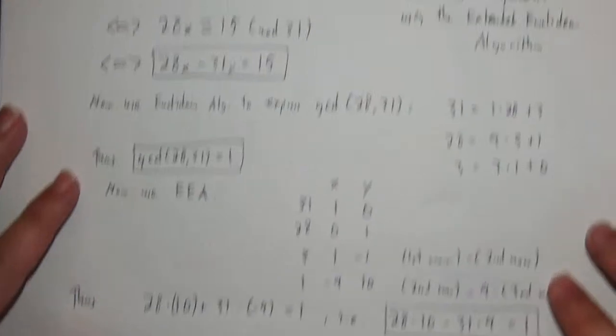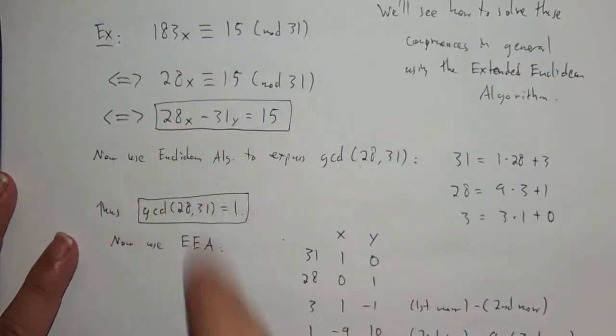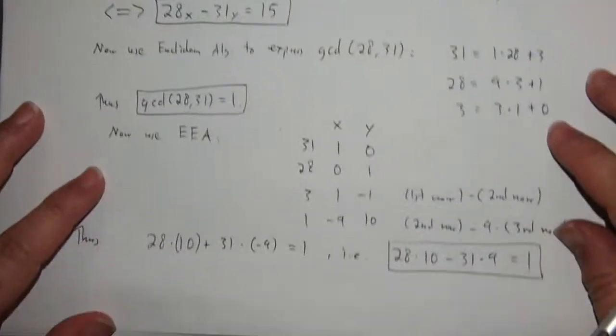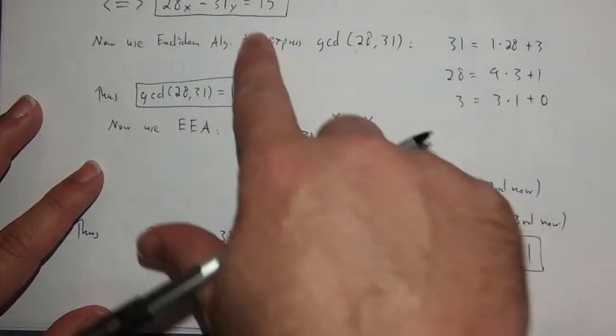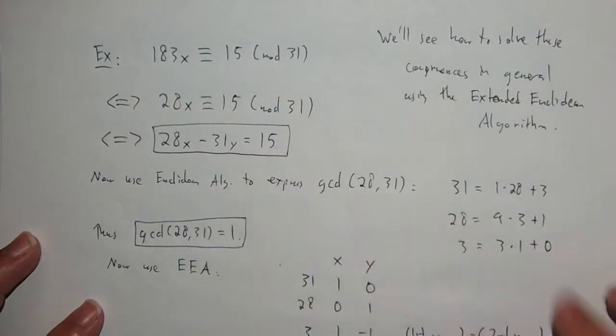Well, look at what we did. We recast this congruence as the equation 28x minus 31y is equal to 15. And what we have here is 28 times 10 minus 31 times 9 is equal to 1. So I have exactly what I want, so long as my right-hand side is 15.